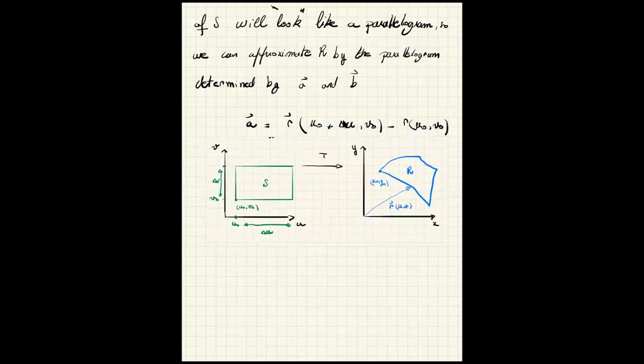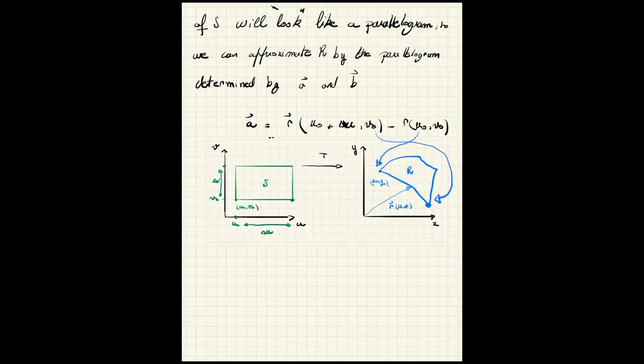Okay, so this is the point. We are fixing V0, right? And we're taking this point, which will be mapped to this point here. This is the point R of U0 plus delta U, and this is the point R of U0.